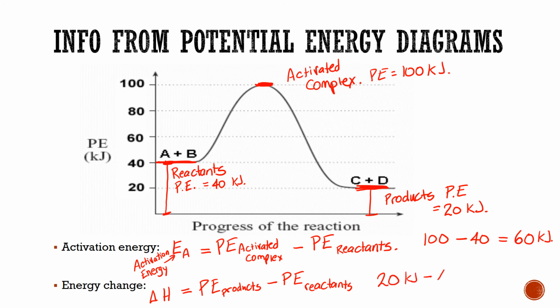Potential energy of the reactants is 40 kilojoules. So you're going to see here that I end up with negative 20 kilojoules, and that makes sense because this is an exothermic reaction. So the last thing is I can predict whether this is an endothermic or exothermic reaction based on this potential energy diagram.